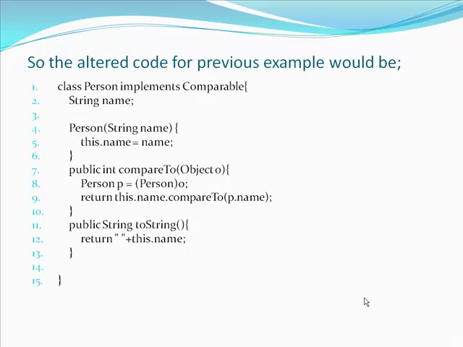We are going to compare the value of the name variable of two Person objects. So in line number 8 we cast the object to a Person type object, otherwise we will get a compile error. Also notice here in line number 11 we declare the toString method.